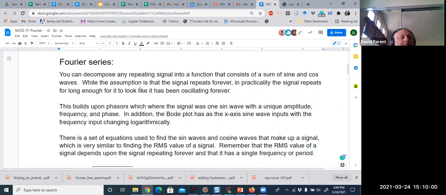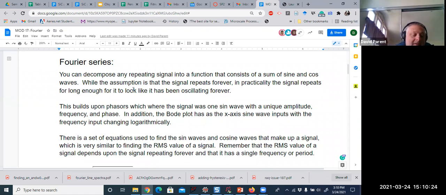And you can get any signal to mathematically repeat forever if you integrate over that period. All right. So in practicality, things don't oscillate forever or for all time, but that's the assumption that we're going to make.